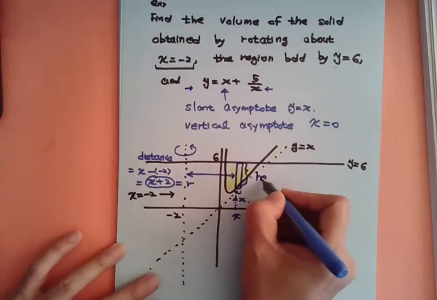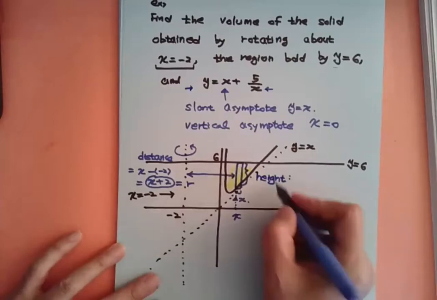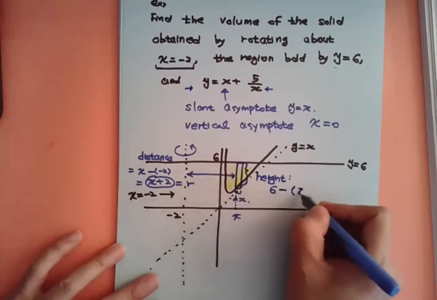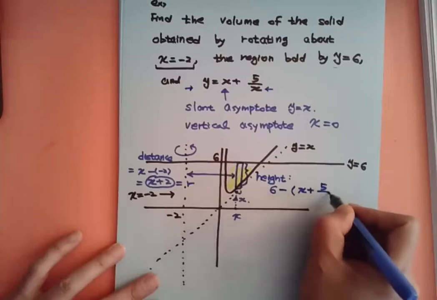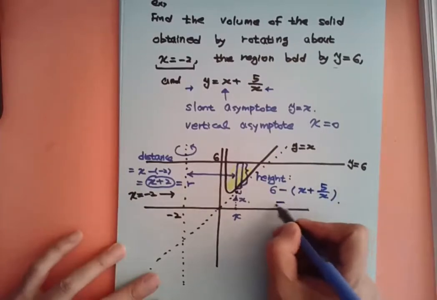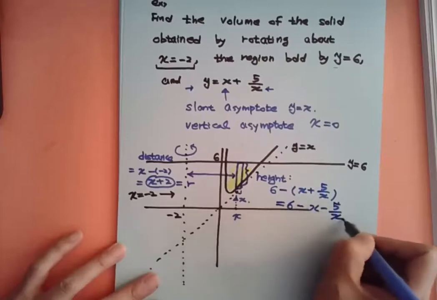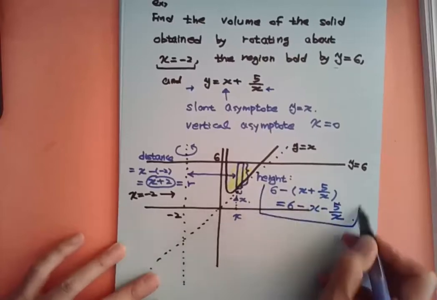So the height of the cylindrical shell is 6 minus (x plus 5 over x), which is 6 minus x minus 5 over x. That is height.